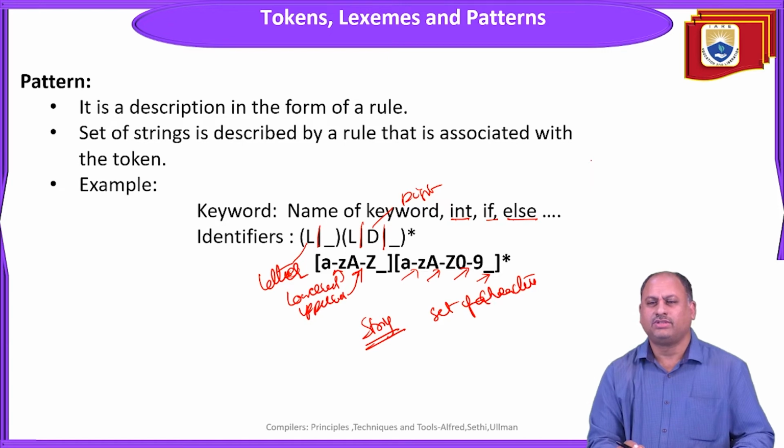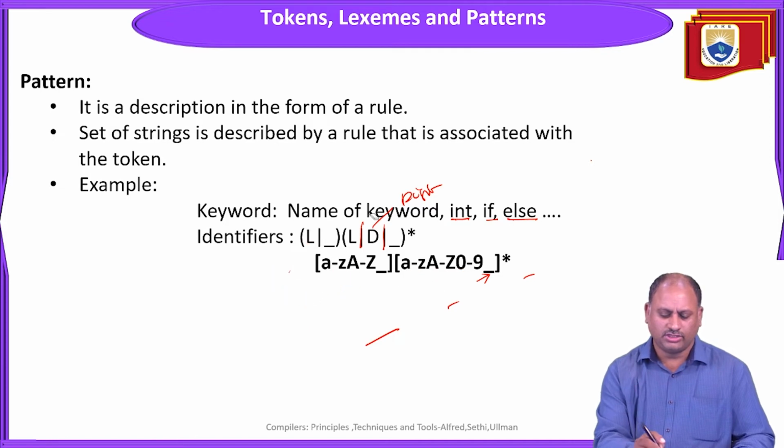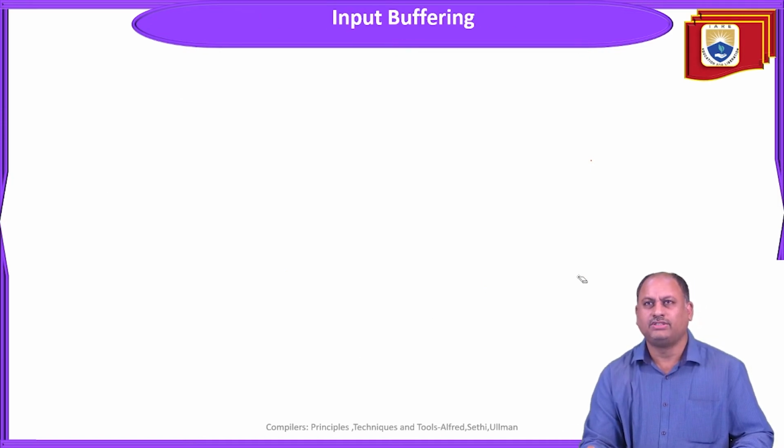So it is a form of rules associated with recognizing patterns, and based on this we decide whether it is a valid identifier or not. Then tokens are displayed and passed to the next phase of compilation.